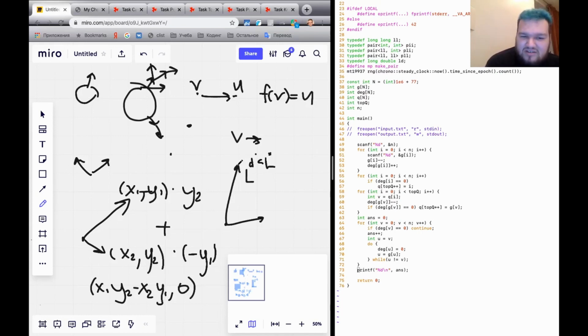It will obviously have y coordinate equal to 0, because all of these moves were horizontal, so all of their linear combinations are also horizontal.